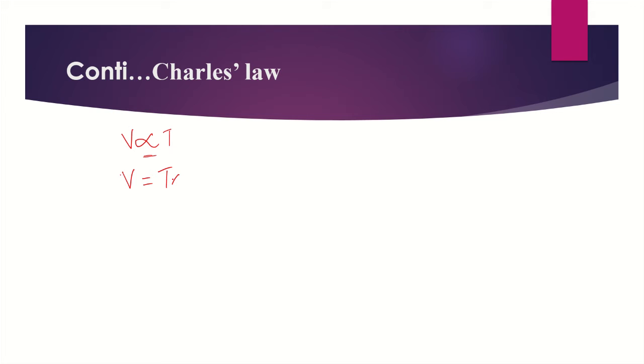So T will be multiplied with the proportional constant K. We can also write this equation by rearranging it. We take the T to the other side, hence we can write V divided by T is equal to K. So this is our Charles' law formula: V divided by T is equal to constant K.